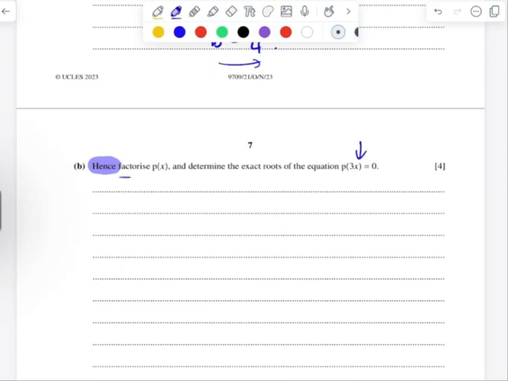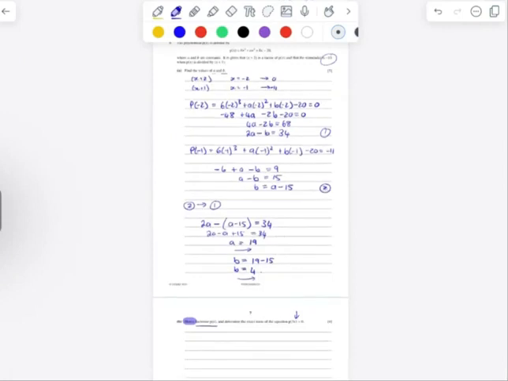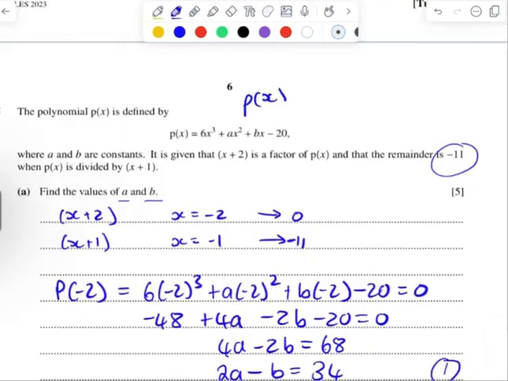So hence factorize the polynomial. Let's just start by factorizing the polynomial. So our polynomial, if I just rewrite it, 6x to the power of 3 plus 19x squared plus 4x minus 20.